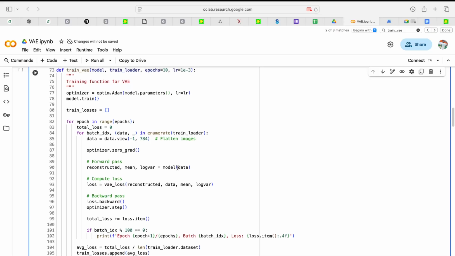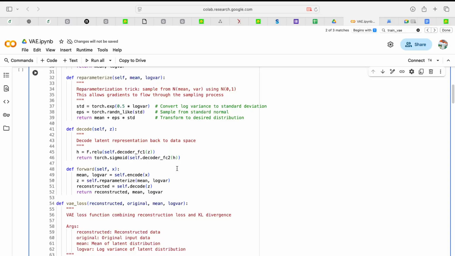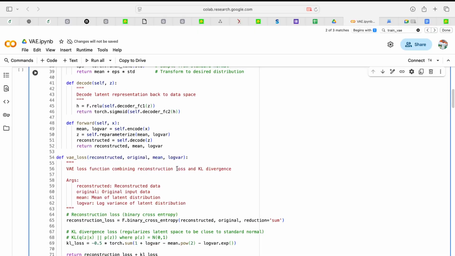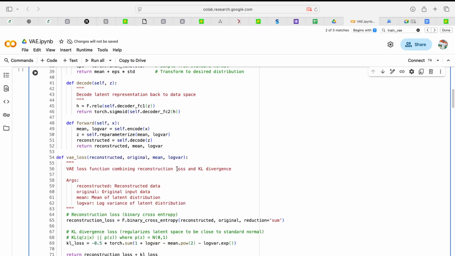The data is 784 dimensional, and it outputs the mean, log variance, and reconstructed. These are the three outputs that you're getting. The reconstruction is like the decode of z, and z is the reparameterized one.